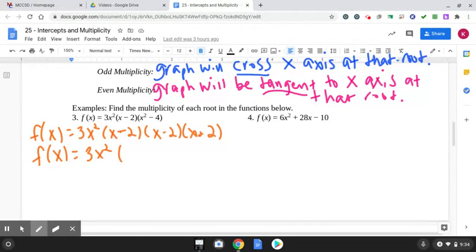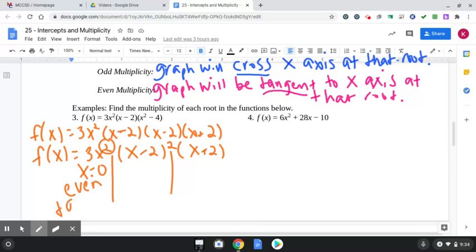X minus 2 happens twice, so we're going to write that as x minus 2 squared and then x plus 2. So 3x squared gave me the root x equals 0. So this is coming from 3x to the second power. Because we have two factors that give me x, you have x and x to give you x squared. Because you have two factors that give you the root x equals 0, that multiplicity is even, which means your graph will be tangent to the x-axis there.